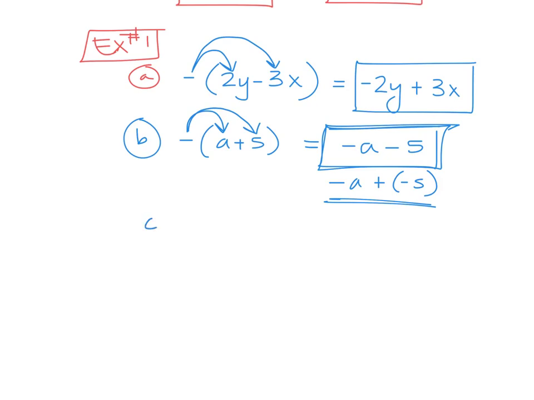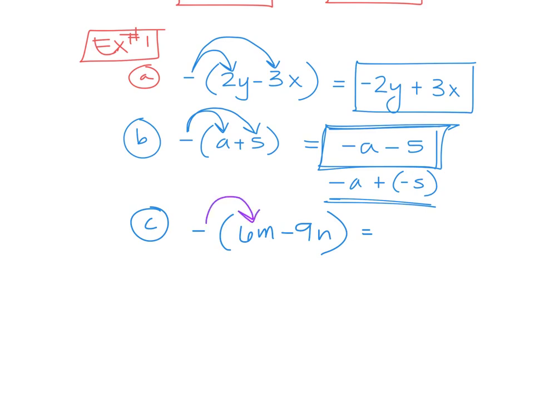All right, what will this one be? The opposite of 6m minus 9n. What does that become? Right. Plus 9n, yep.